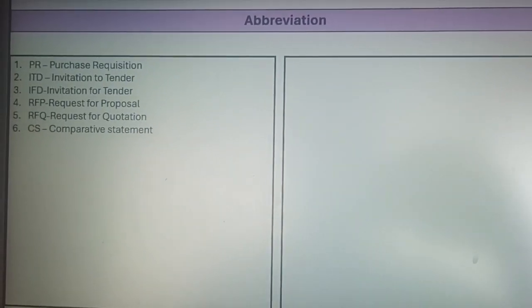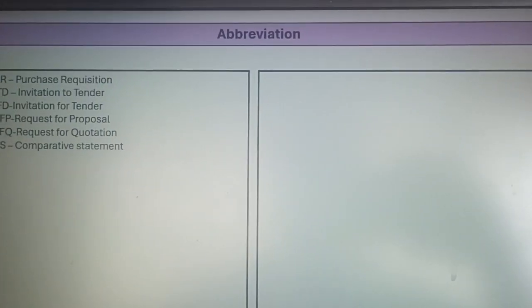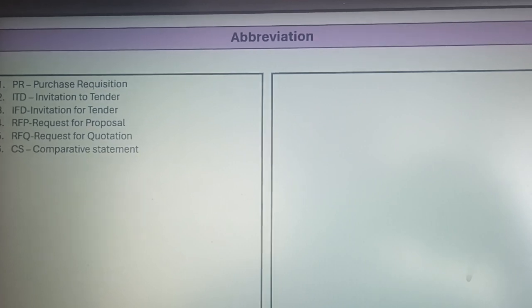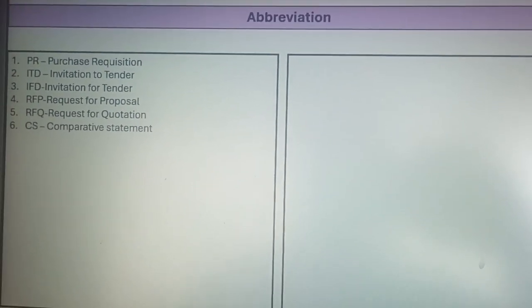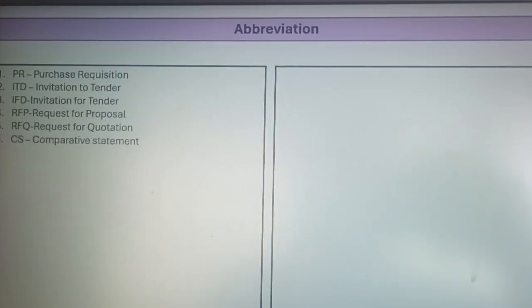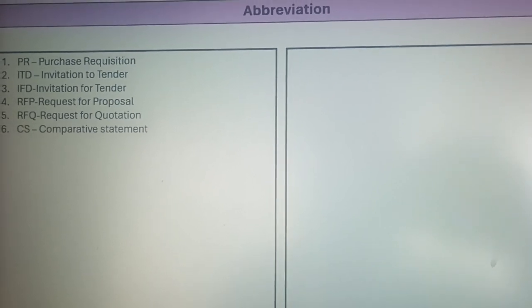It is a main part of the procurement process, and the further process depends on it.